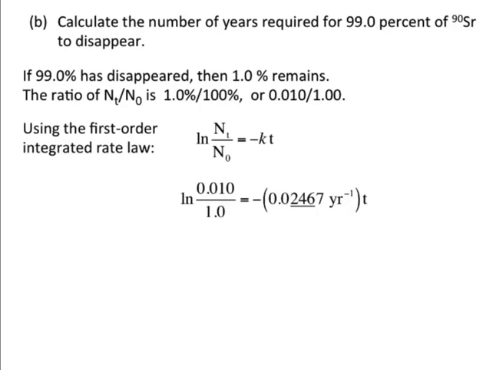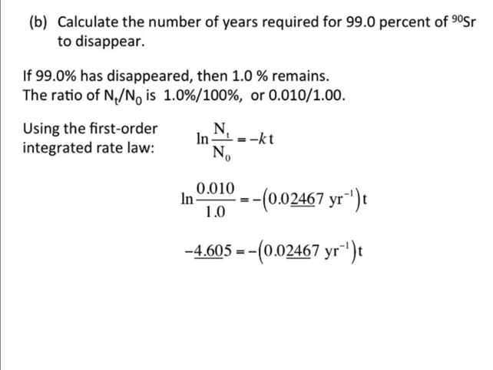All right, so here we plug in our ratios. We go from 1 to 0.01. And then I just noticed that I should have said 1.00 right here to make the sig figs happy. Ultimately, this isn't going to affect what we do, but it should be 1.00. All right, so now we're basically going to solve for t. So here's the outcome of natural log of 0.01 divided by 1.